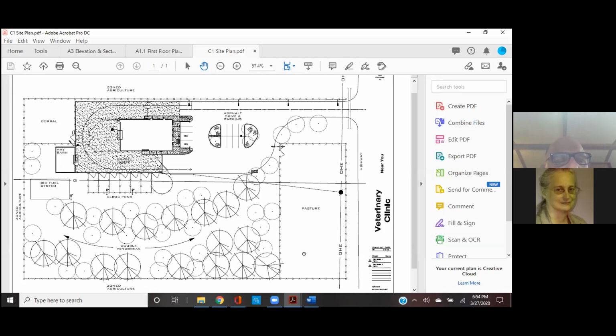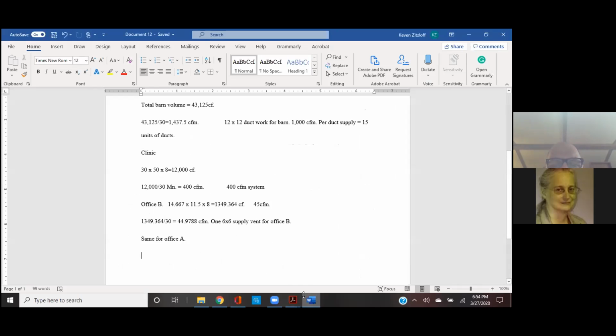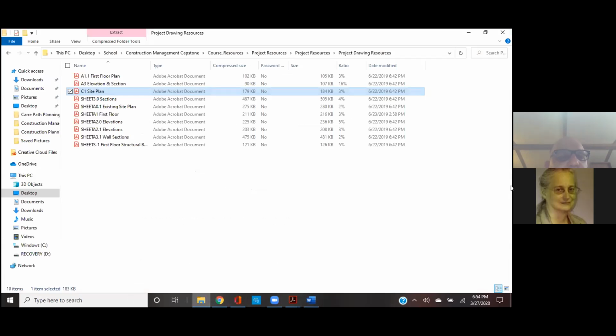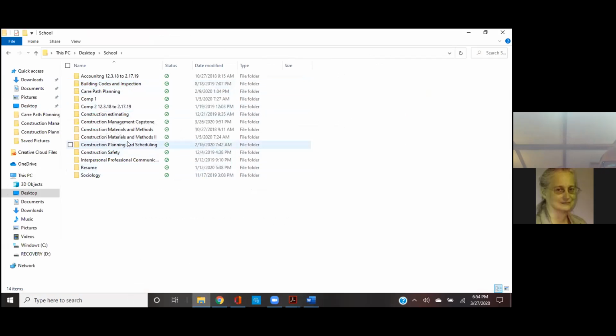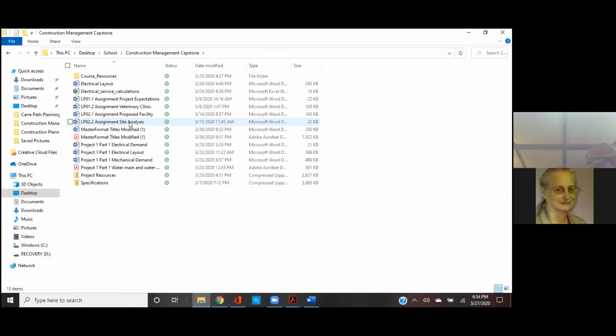The mechanical radiant heat system, that's your hydronic system. I think you did a sketch of that somewhere, didn't you? Let's see. Submit that if you've got that. Passive cooling system. Project one.